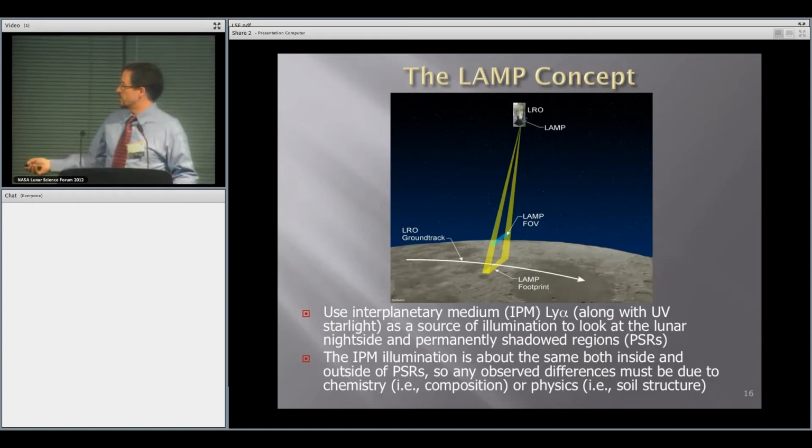So the signals that we would expect reflected off of the surface are more or less the same inside a permanently shaded region as they are outside. There are some topographic effects that we account for, but by and large, that's how this should work. Any differences that we see can be identified as coming from changes in chemistry, composition meaning, or the microphysics in terms of soil structure, for example.